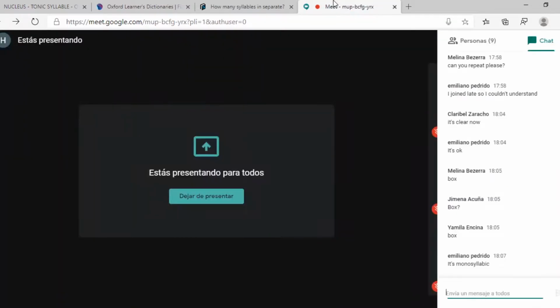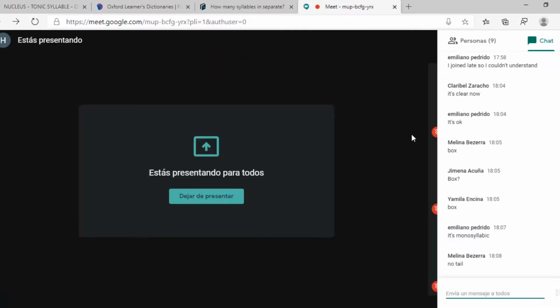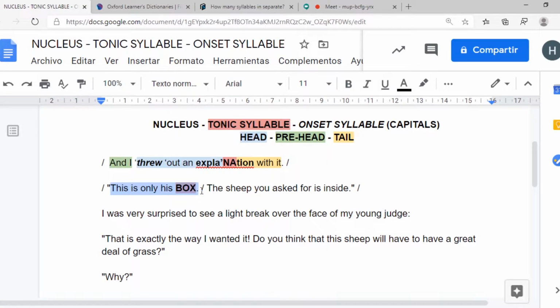So now I have to check if I have tail. Do you think that I can find any tail here? No tail, because I don't have any other word following box. So I don't have any tail, but I can check if I can find prehead or head. So which other words within these utterances are stressable words?